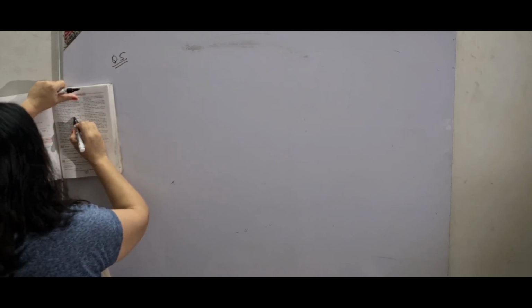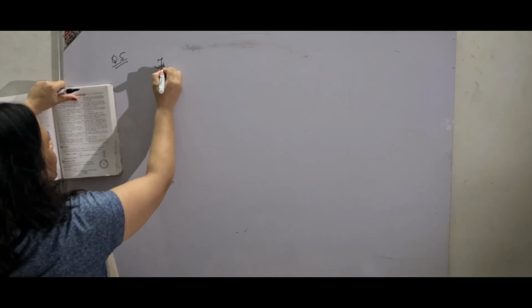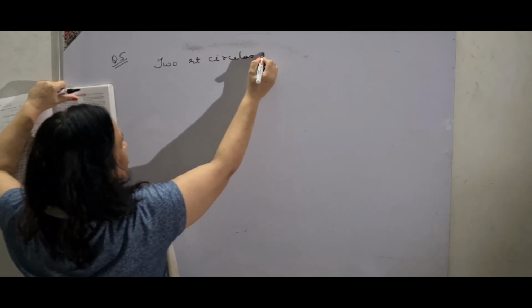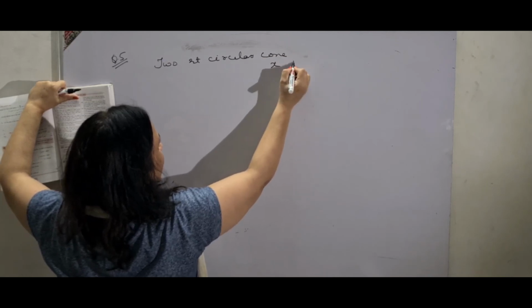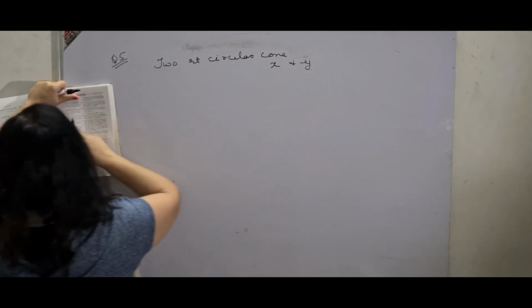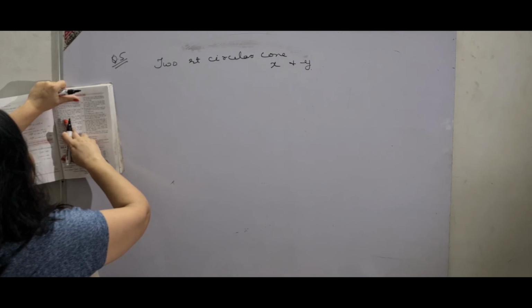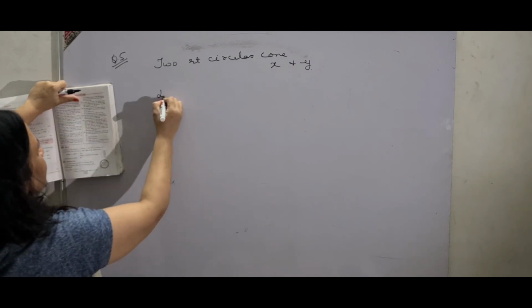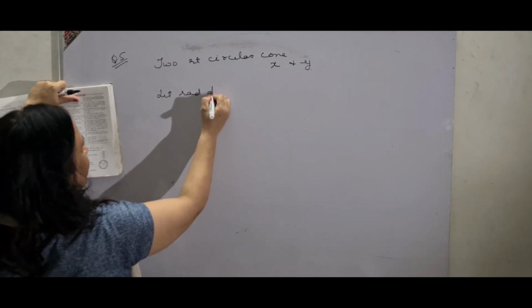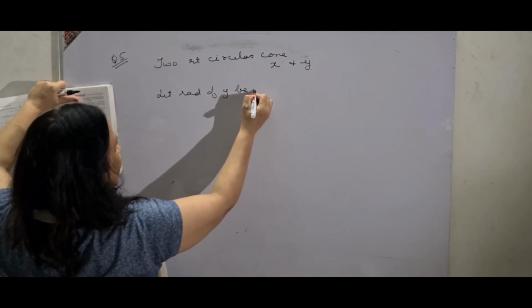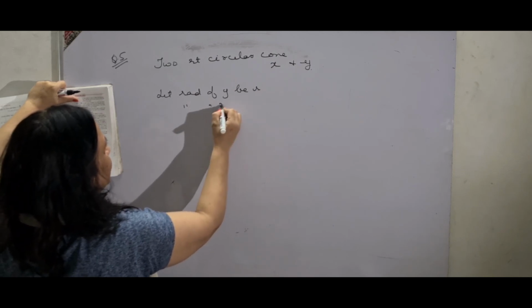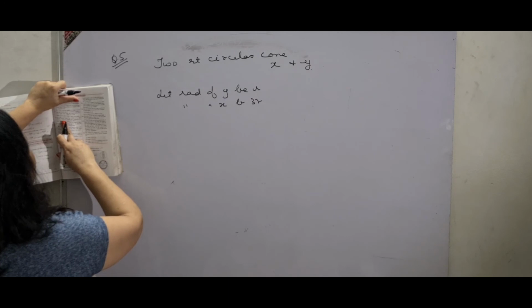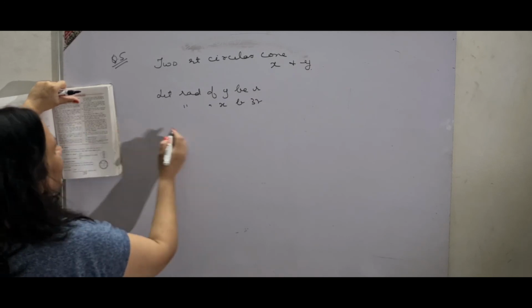Two right circular cones x and y are made, and he says that x has 3 times the radius of y. Let the radius of y be r, then the radius of x will be 3r, because it's 3 times y, and y has the volume half the volume of x.